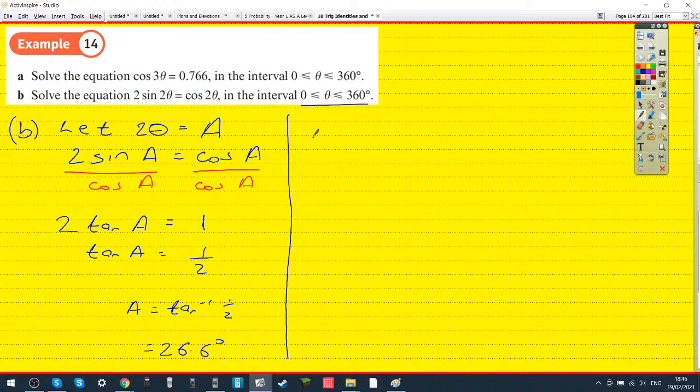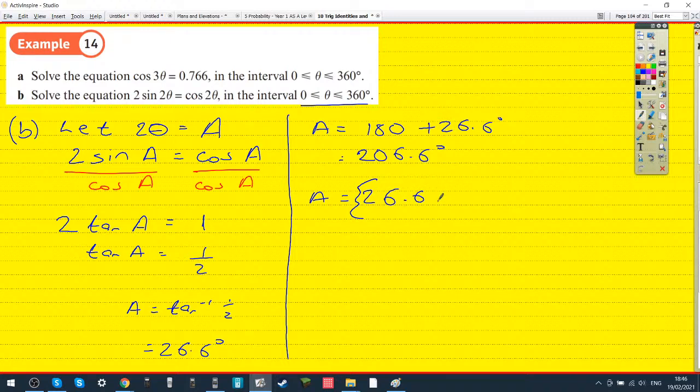It's tan, so it's 180 plus 26.6, which is 206.6 degrees. And so, what are our solutions? 26.6 and 206.6. Okay, so that's what A is equal to, but we created A.